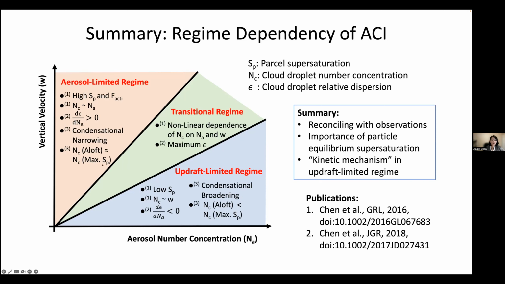And the last bullet is majorly related to parameterization, because usually we assume the droplet number concentration is constant, then we use constant values in the climate models. But this research shows that in the updraft limited regime, we have deactivation. The activated particles can be deactivated back to aerosols at higher levels.